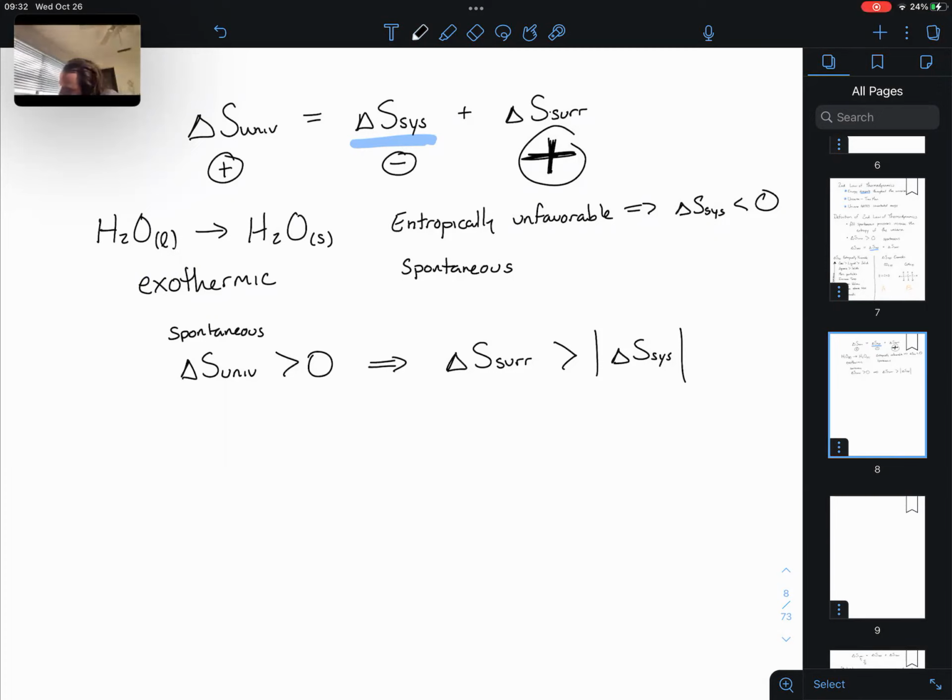It turns out that the delta S of the surroundings is equal to the heat lost by the system divided by temperature. The way that you're creating more disorder in the surroundings is by releasing heat to the surroundings.